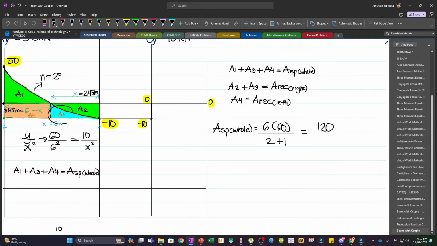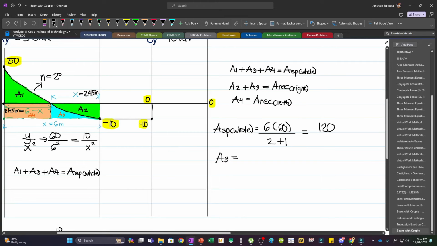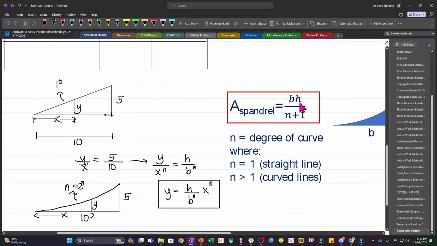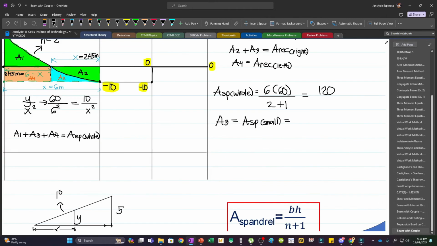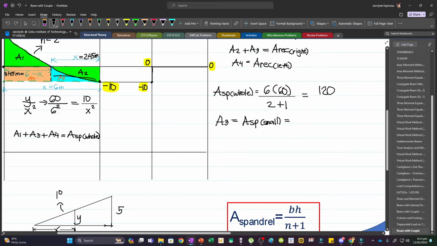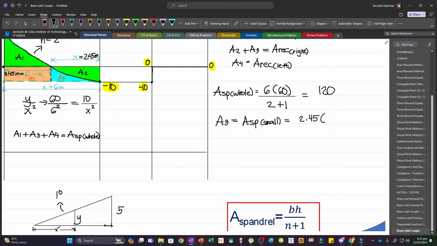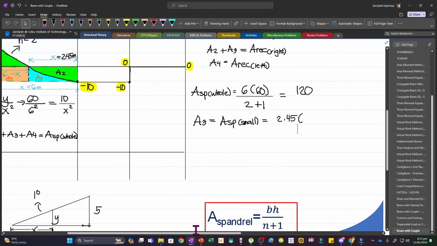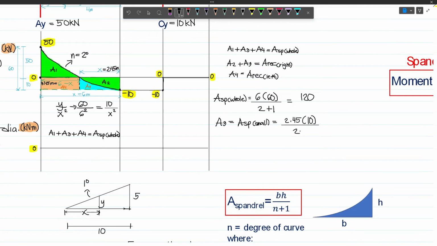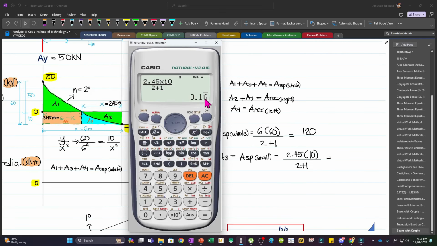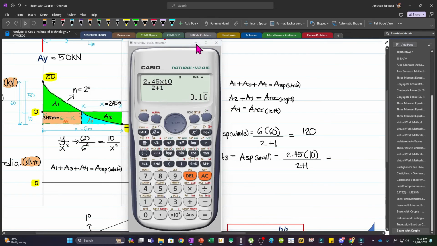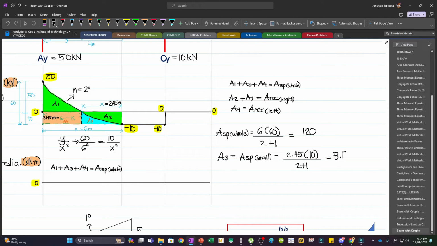Now next, we can solve A3. This is the area of the smaller spandrel. So we have BH over n plus 1. Our B will be 2.45, because this is the base there. So we have 2.45 times the height, which is 10 kN, so this is 10, divided by 2 plus 1. And so we have 8.166 or 8.17. So 8.17.